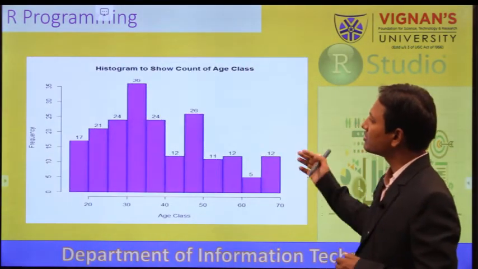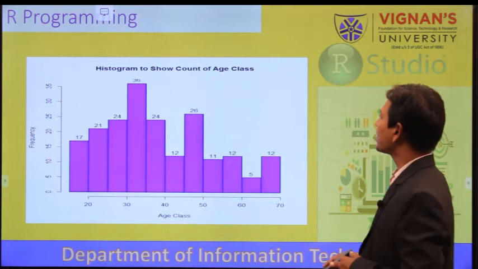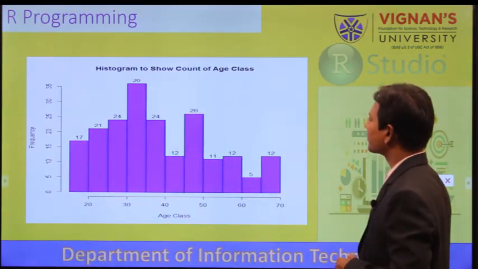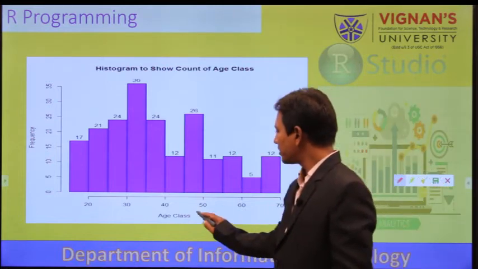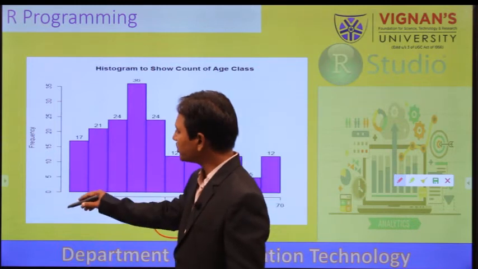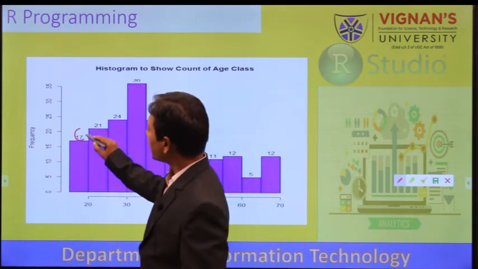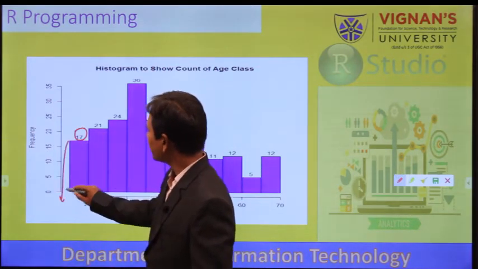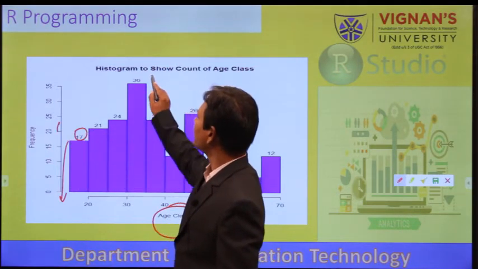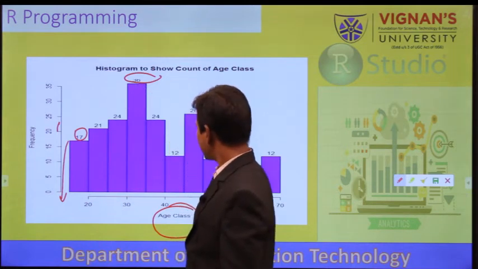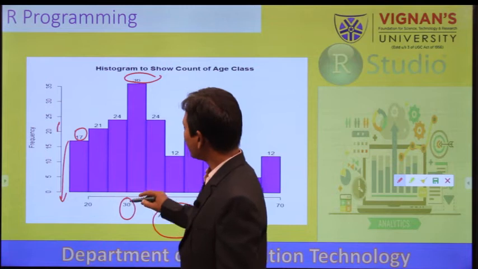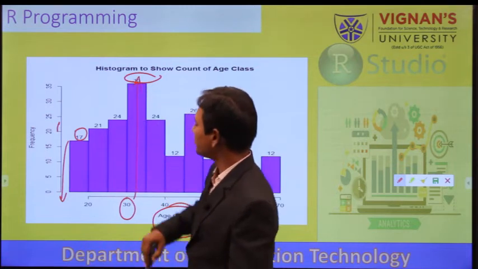And if you observe, this is the histogram of the count of age. So this is my age class, and here it shows that at age 17 we have 15 people, at age 21 we have more than 20, and at age 30 we have 36 people.